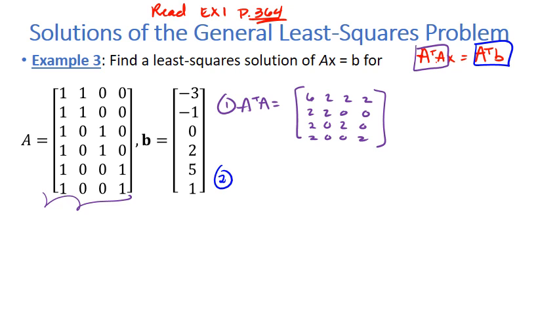Similarly, when I find ATB, or the transpose of matrix A times b, I end up with the following matrix. Okay, so putting these together, I end up with the following augmented matrix.